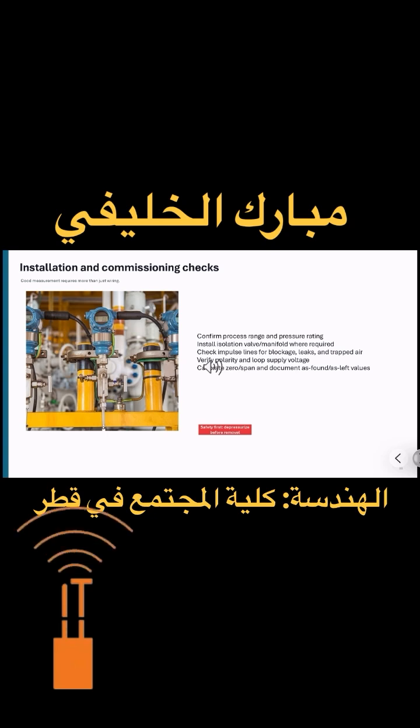Impulse lines should be checked for leaks, blockage or trapped air. Also, the wiring polarity and loop supply voltage must be verified. Finally, the transmitter should be calibrated by checking zero and span values. For safety, the system must be depressurized before removing the transmitter.